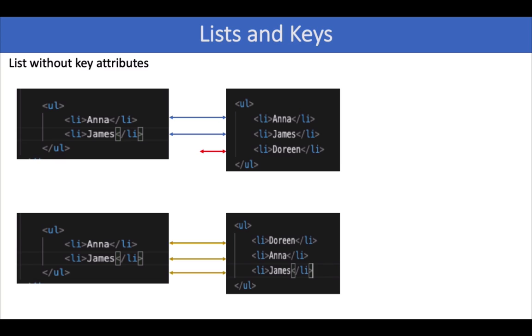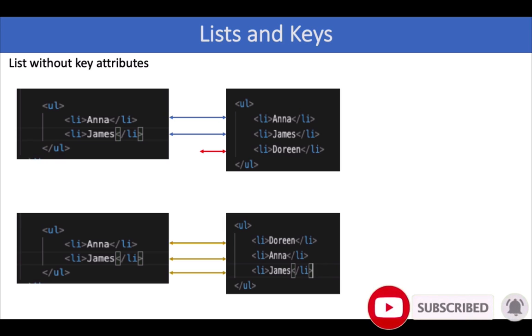React will end up mutating every child instead of realizing it can keep the Anna and James subtree intact. This inefficiency can be a problem, and in order to solve this issue, React supports the key attribute.